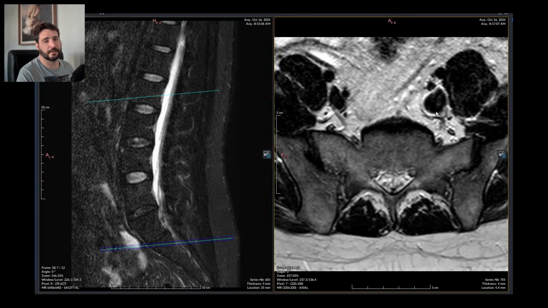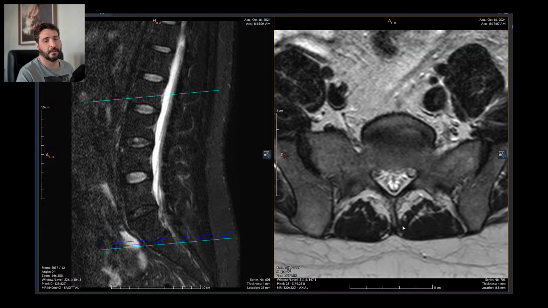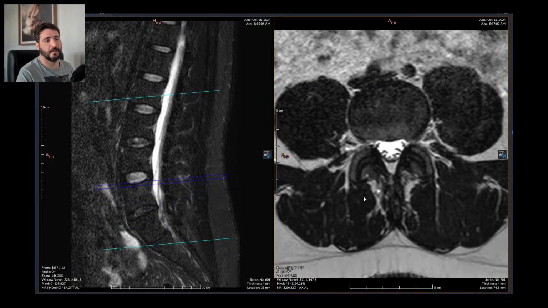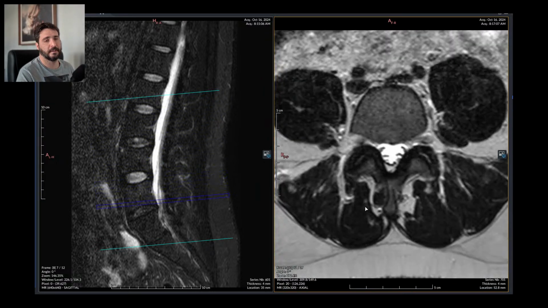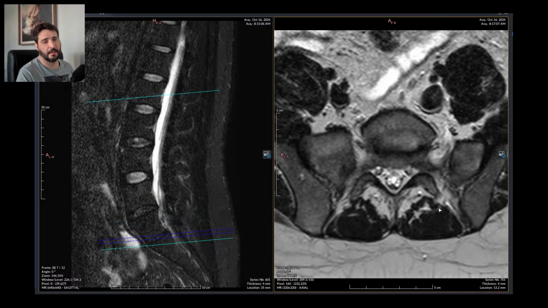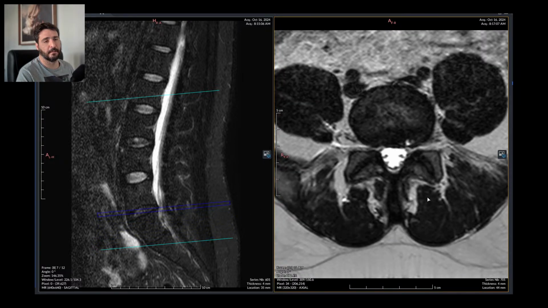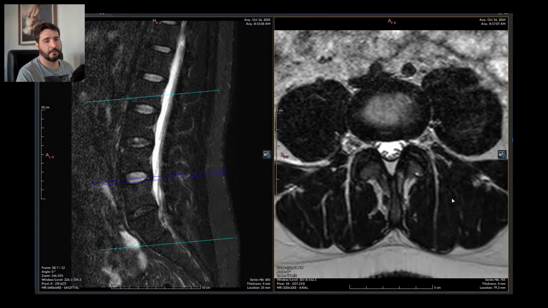I'm going to put the axial view right here. There is hypertrophy of the perivertebral muscles and also some fat substitution, fat infiltration, which says this patient is not exercising and has been suffering for a long time.